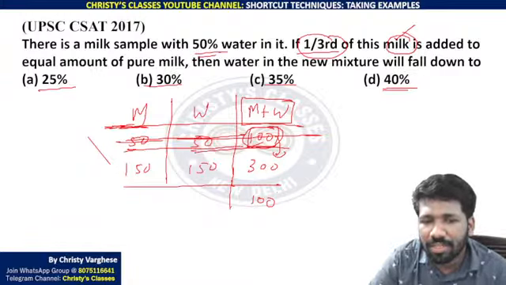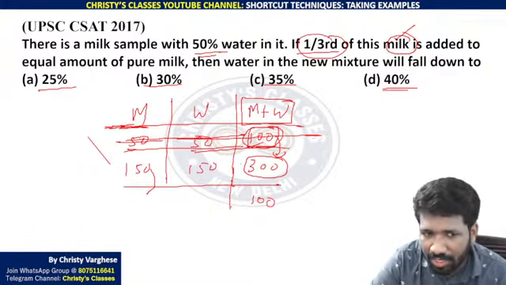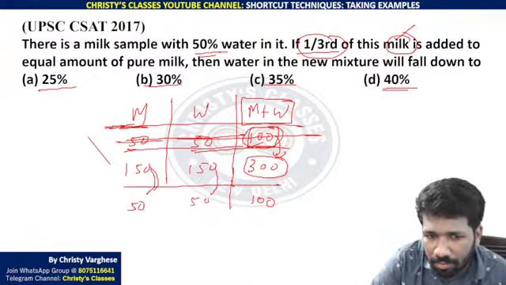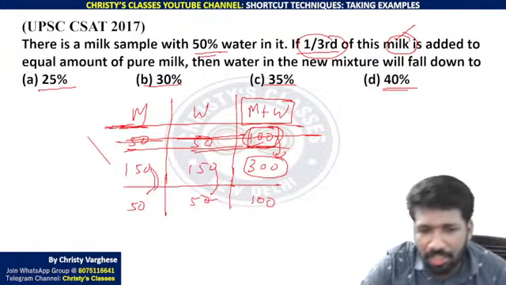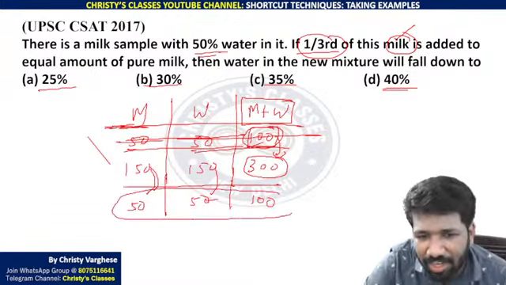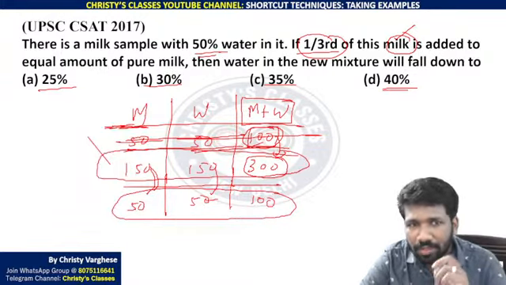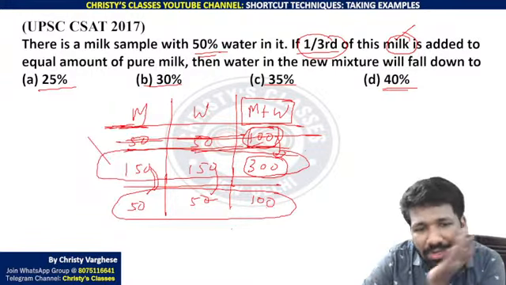1/3 of milk is taken means 1/3 of total mixture is taken. So 1/3 of milk will also come, 1/3 of water will also come. 1/3 of 150 is 50, 1/3 of 150 is 50. So this is the situation after taking 1/3, in this set of example I am telling. Now 1/3 of milk is added to equal amount of pure milk.